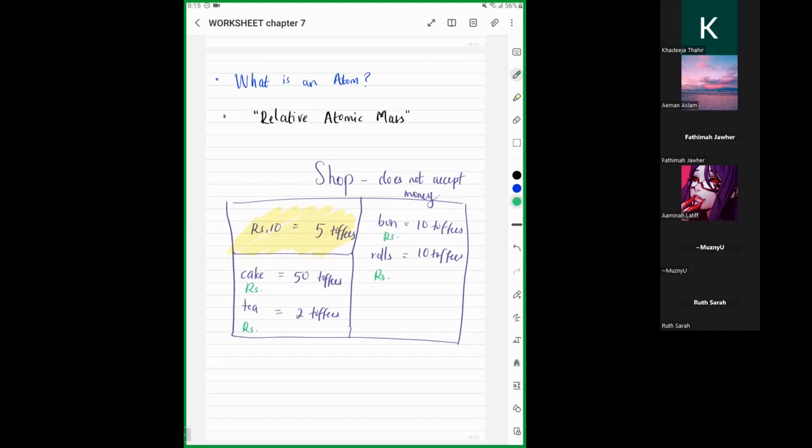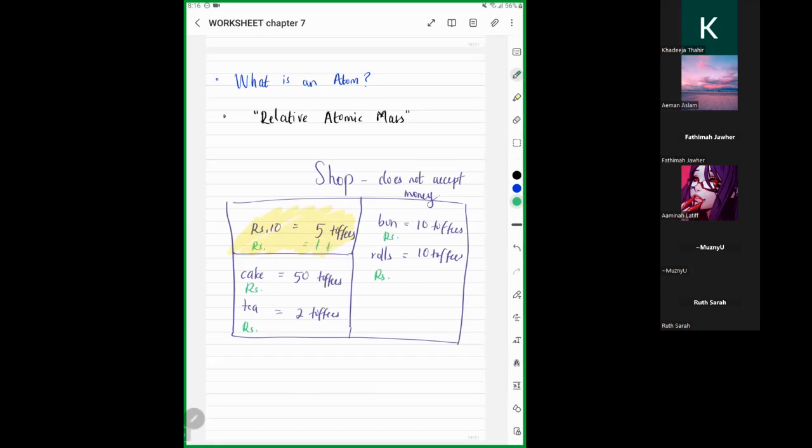Now, if the cake is 50 toffees, 50 divided by 5 is 10, right? Okay, we'll do it like this. If 10 rupees is 5 toffees, how much is 1 toffee?